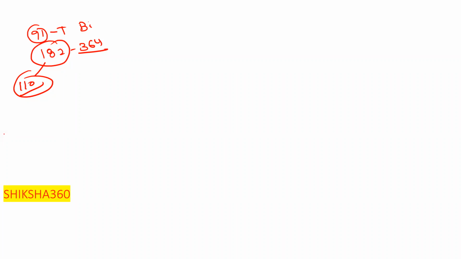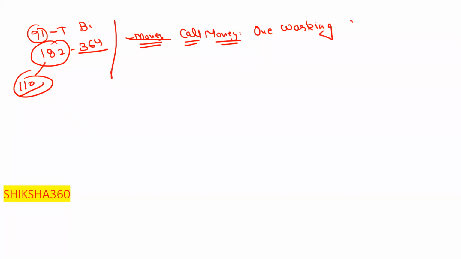Like we have already discussed yesterday regarding the money market: call or overnight money, the tenure is one working day. Please remember that. The correct answer is one working day.